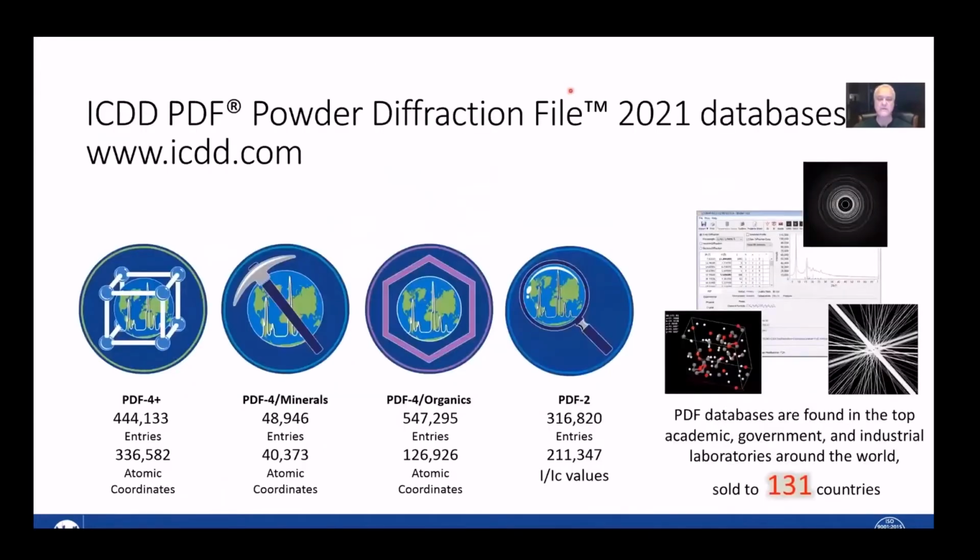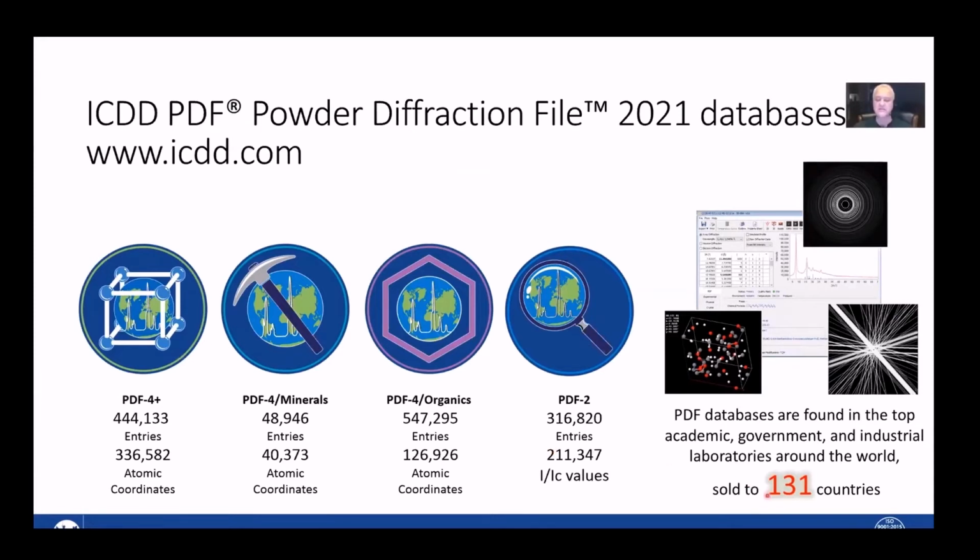The database was released in September, the 2021 release. We have our principal databases of PDF-4+, PDF-4/Minerals, PDF-4/Organics, and the PDF-2 database. They all have different applications depending upon if you want to do quantitative analysis or mostly qualitative analysis.